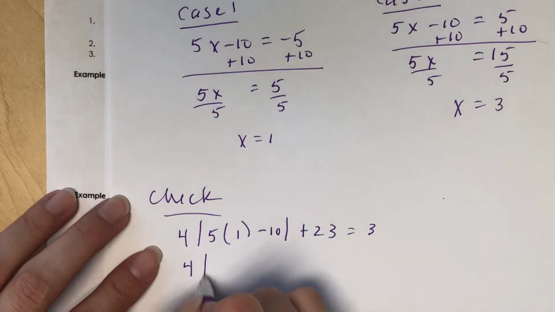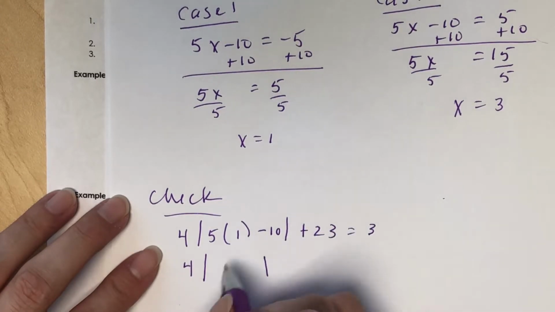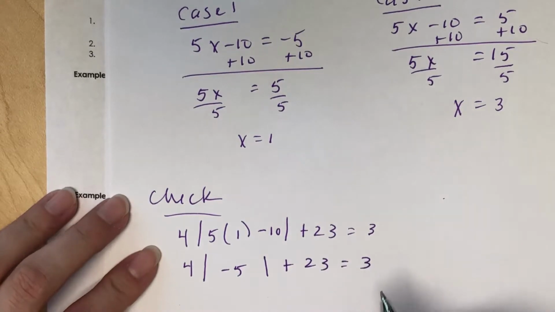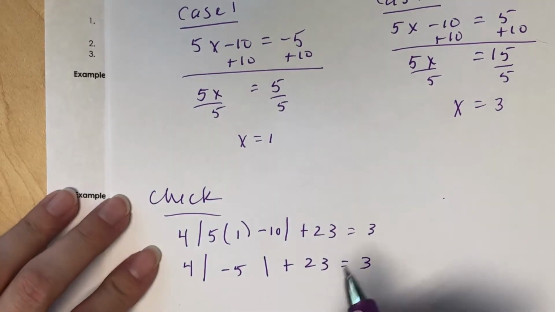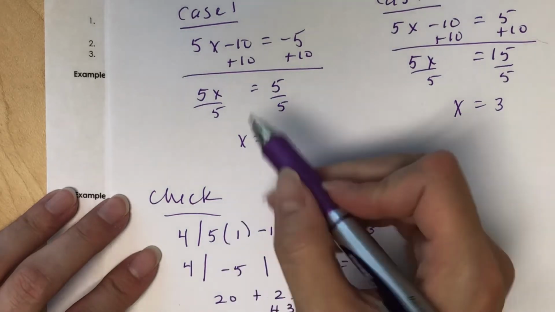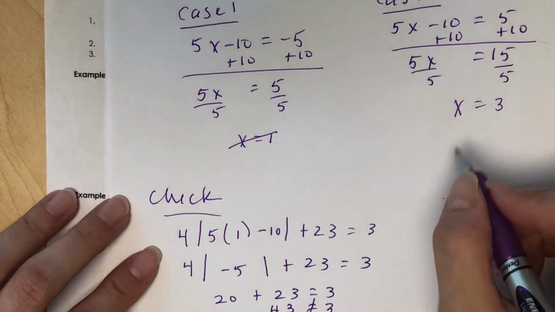So 4 times the absolute value of 5 minus 10, which is negative 5, plus 23 equals 3. The absolute value of negative 5 is 5, and 4 times 5 is 20. So I have 20 plus 23 equals 3. That definitely does not check. So x equals 1 is no good. I have to throw it out.